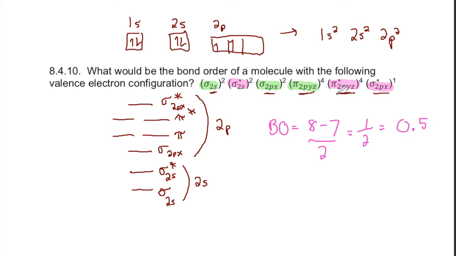Figuring out whether this would be paramagnetic or diamagnetic is a little bit trickier. These sigmas are full, and these pi's are full, so we know that they have no unpaired electrons.